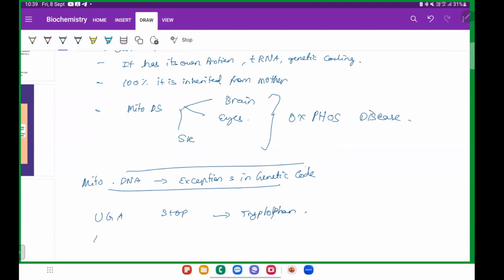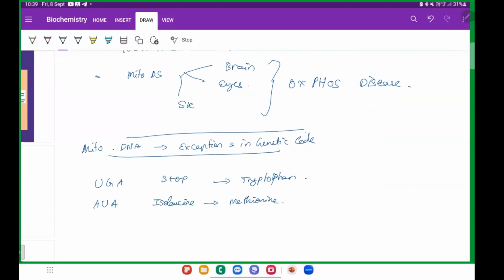Similarly, you have AUA. AUA produces isoleucine in nuclear DNA, whereas here it produces methionine. Similarly, you have AGA and AGG.